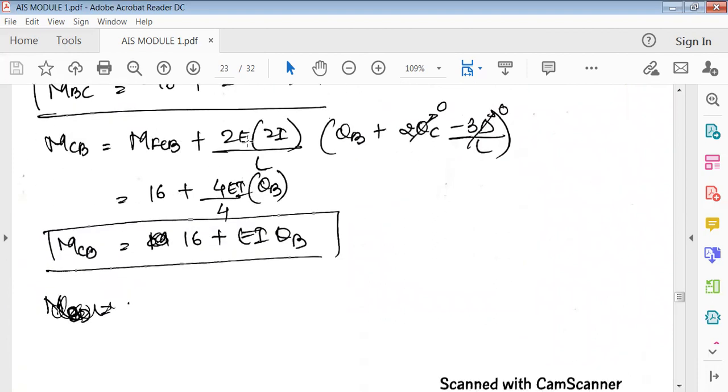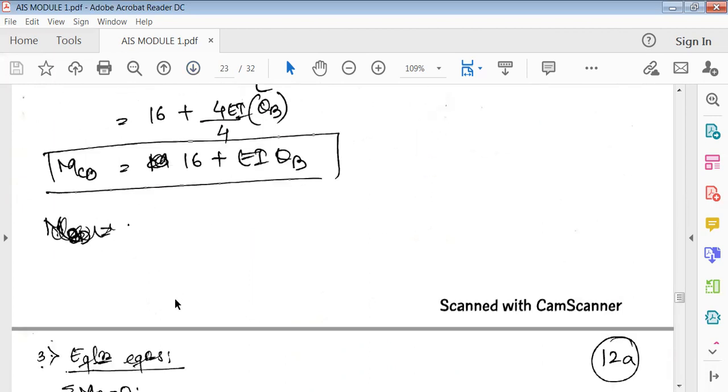Similarly, MCB is equal to MFCB plus 2EI by L, theta B plus 2 theta C minus 3 delta by L. Substitute all the values and then write this equation.